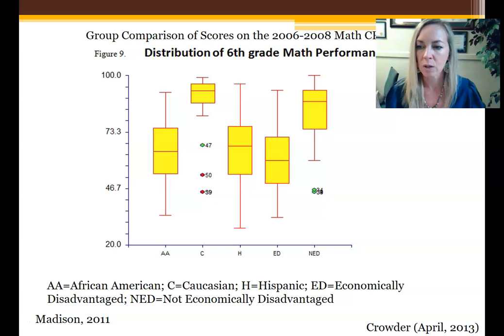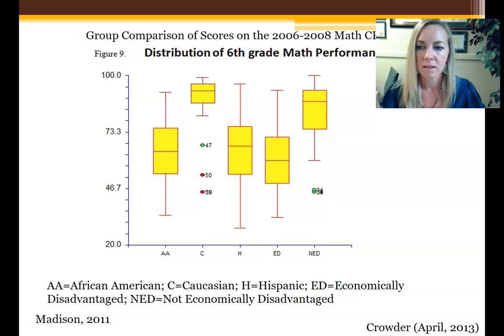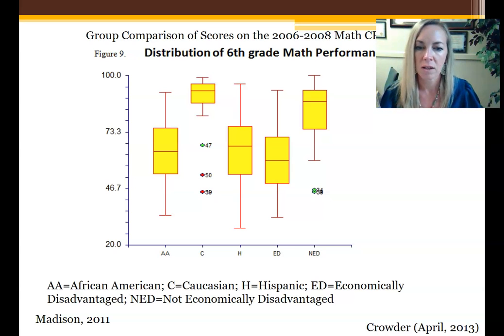And we can see that the lowest score was a Hispanic student, and the highest score was a non-economically disadvantaged student. We can also see that the spread is bigger for Hispanic, African American, and economically disadvantaged students, but they all seem to score very similarly, whereas Caucasian and non-economically disadvantaged students also score similarly.